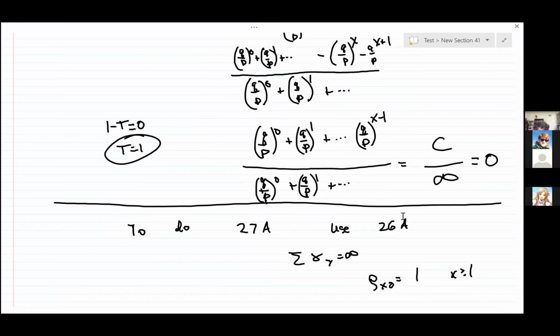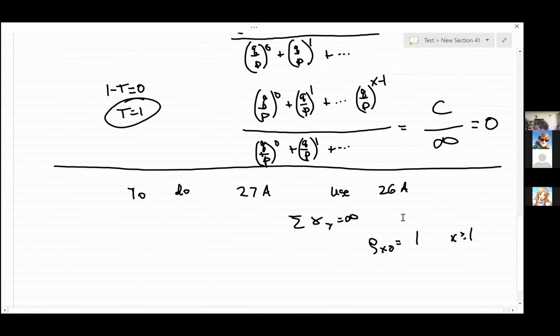And what about 27b? 27b should be a direct consequence of 26b, because if P is bigger than Q, then the Q over P series will be a convergent geometric series, which is what b is about. And then you just have the ratio of two geometric series. And so we should be able to use 26b directly.